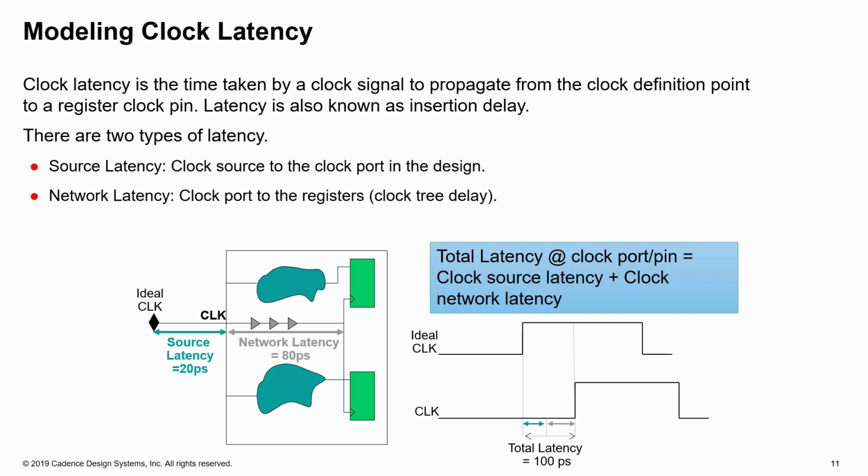The source latency is what the clock itself sees before it even comes into the design, and the network latency is the one that is modeled via your clock buffers and things like that.